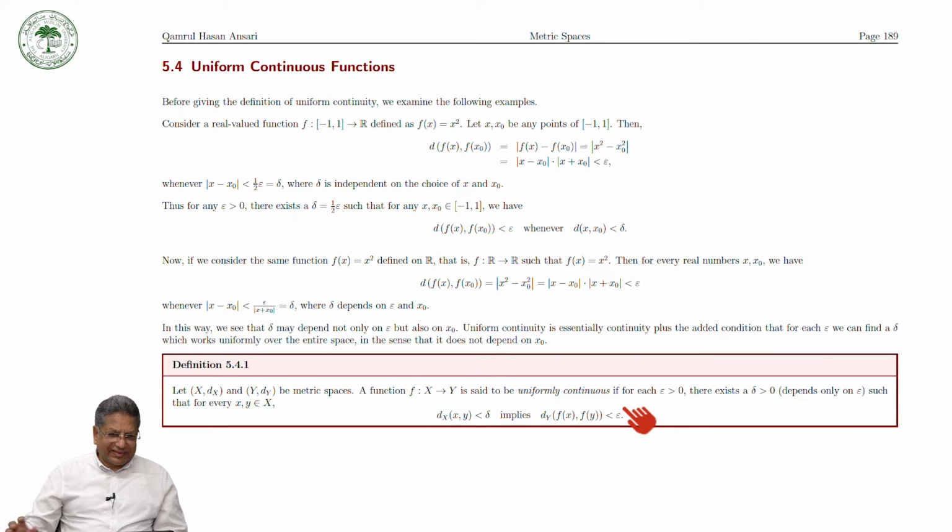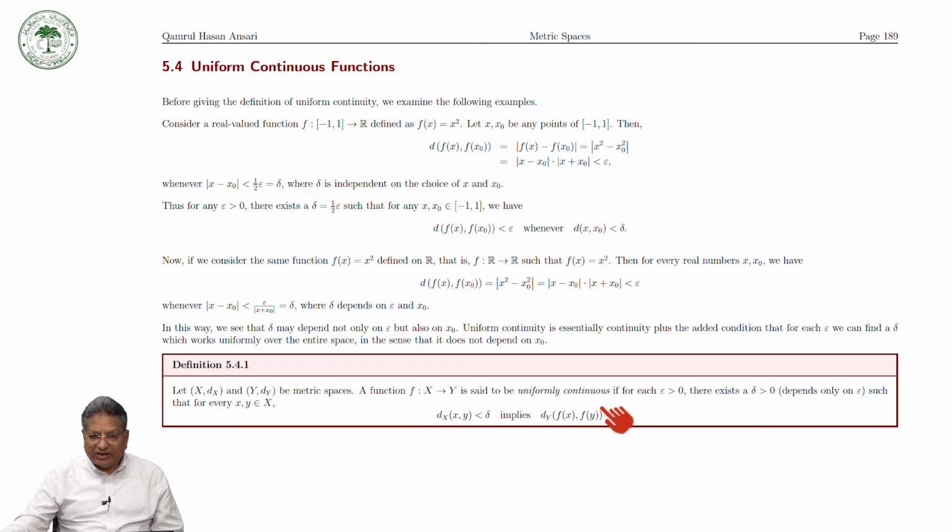Okay, so if you put the two definitions together, the definition of a continuous function and that of a uniformly continuous function, you will see that for a continuous function we say that f from X to Y is continuous at a point x naught if for every epsilon positive there exists a delta positive. In that case delta is depending on x naught as well as on epsilon.